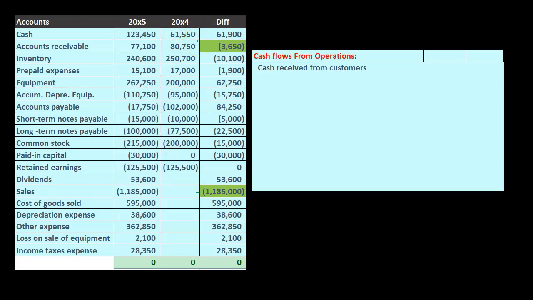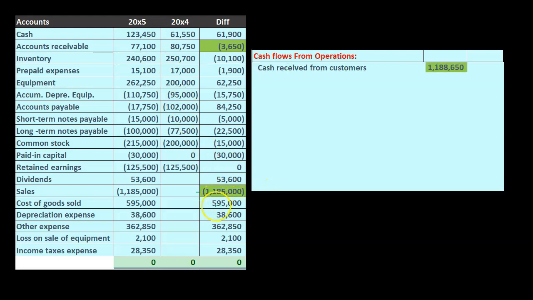Now, anything that is still in receivable is not on a cash basis. In this case, the receivables went from $80,750 down to $77,100. That would mean that we got more cash than we made sales in aggregate. So we would have to adjust the sales account for that.